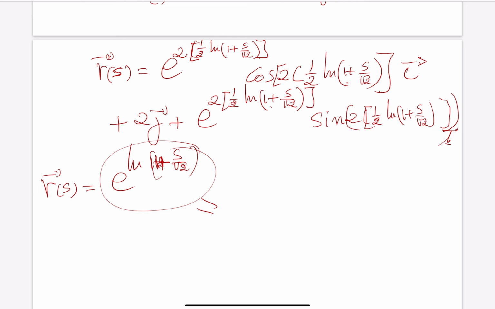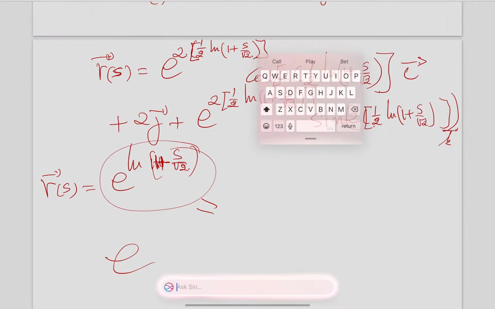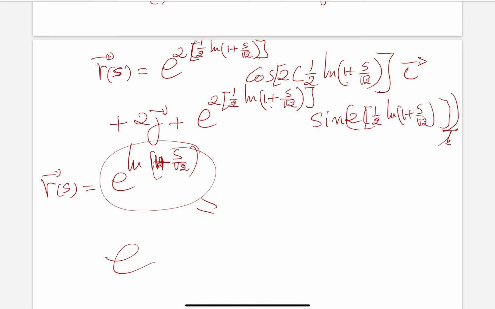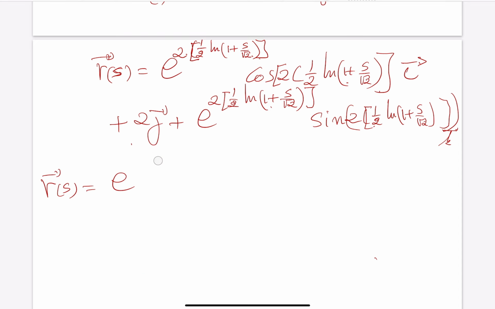If you have e to the natural log of 8, it's just 8. E to the ln of the box is just the box. So you don't have to write down this one, just write down the expression inside the ln. Because the 2 will cancel out, you have e to the ln, and then you will have 1 plus s over square root of 2.